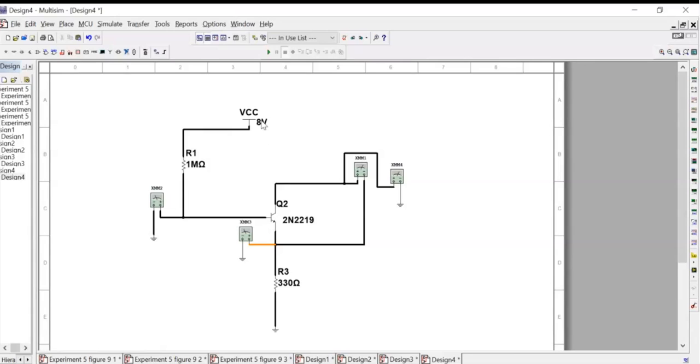Same 8 volts, different R1. We need R2, which is also a resistor. We need R3, a resistor, not a potentiometer. So this will be the connection. Voltage divider bias circuit. We need a ground.